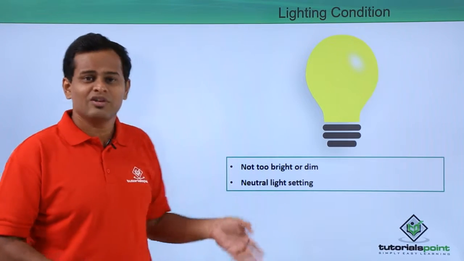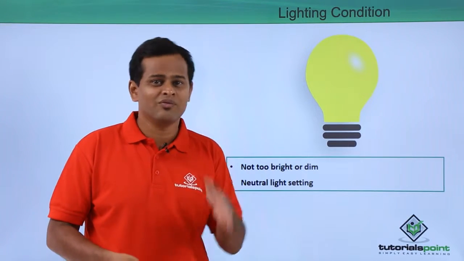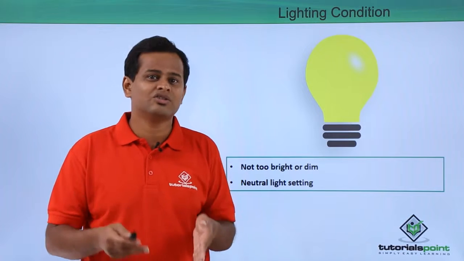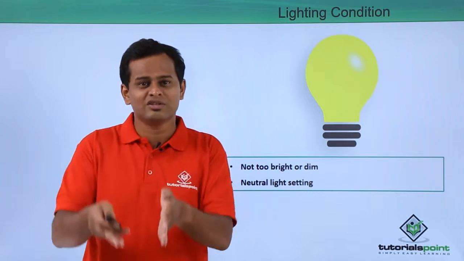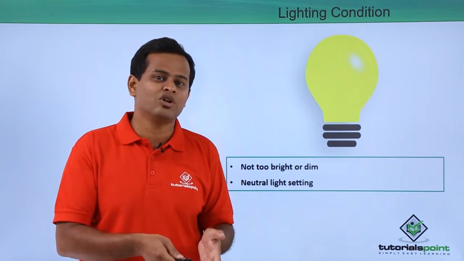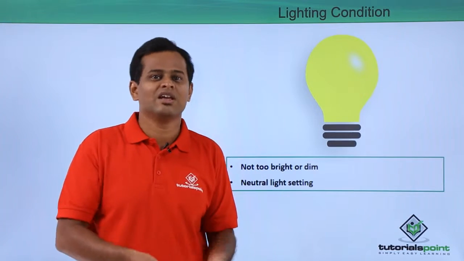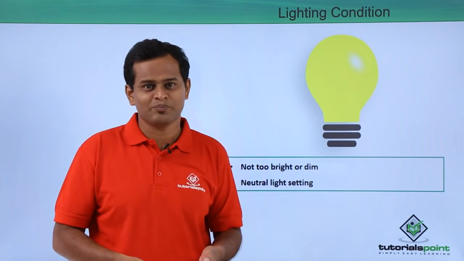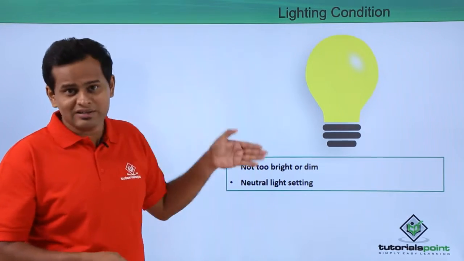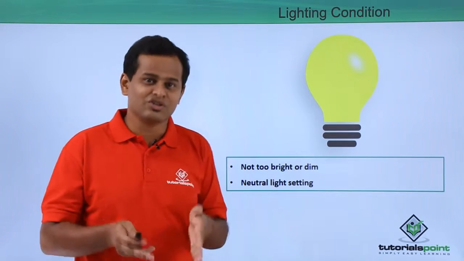At the same time, we cannot have very little light either, because the identification and traceability of these materials which are going to be stored in logistics can be very difficult. So a right balance in the lighting conditions is required.